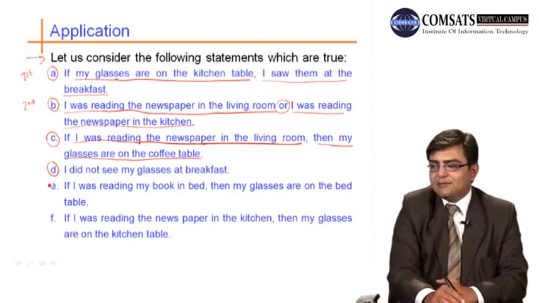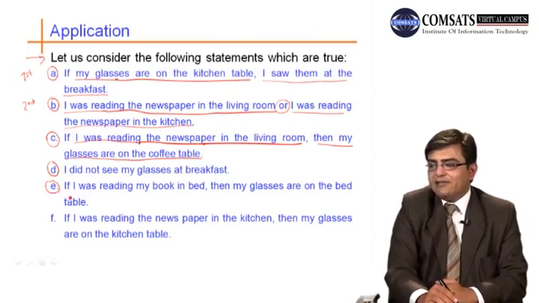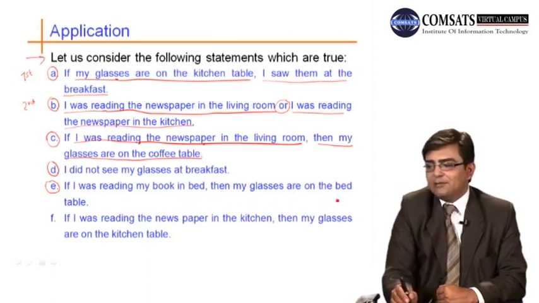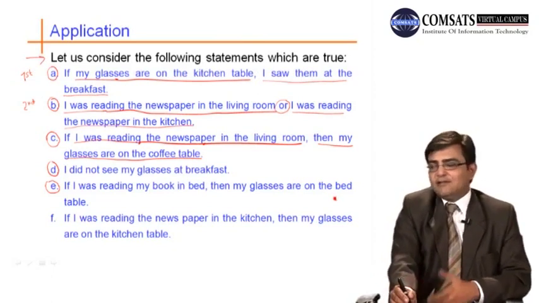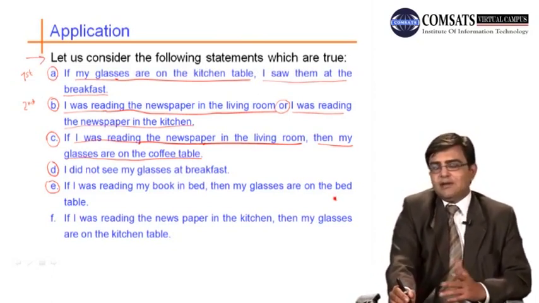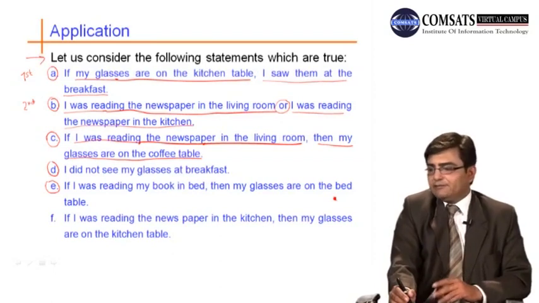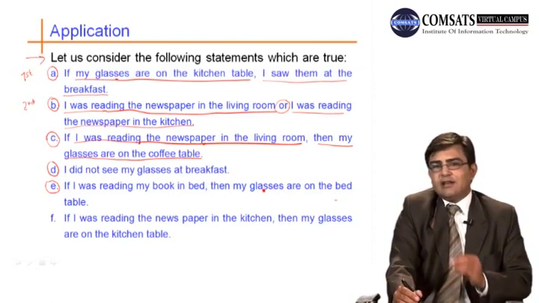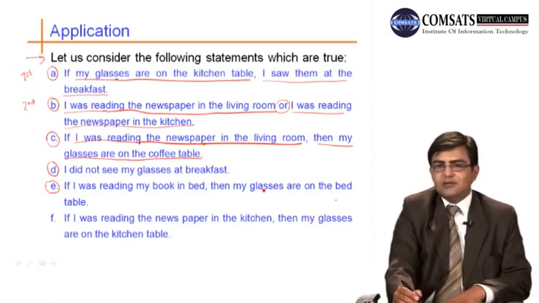So next, an assumption he made: if I was reading my book in the bed, then my glasses are on the bed table. This is also a valid premise, because sometimes people read books in their bed at night, and before sleeping they remove their glasses and put them on the side table near the bed.